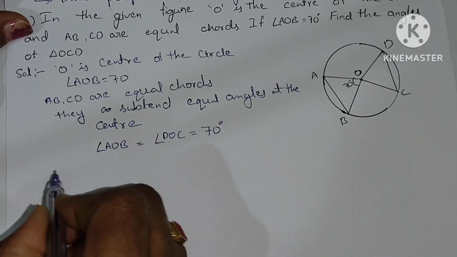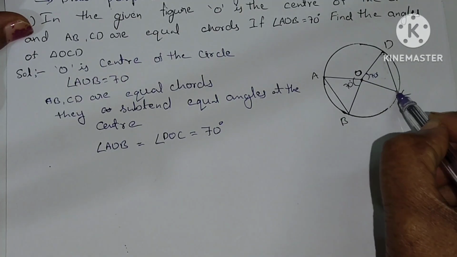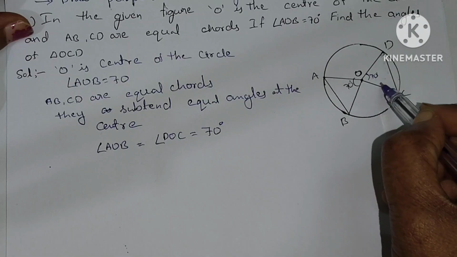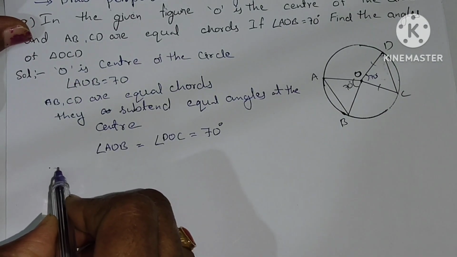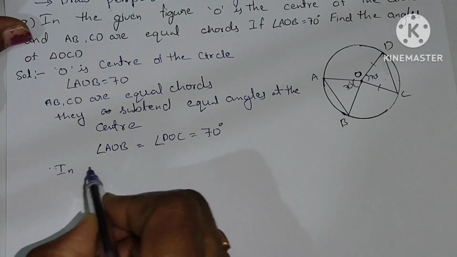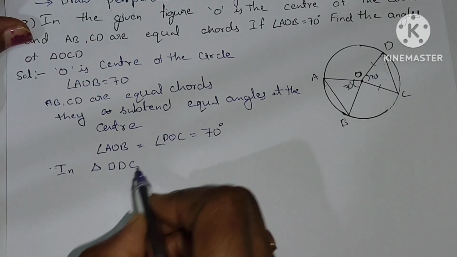Now in the triangle, this one is 70 degrees. OD and OC are radii, so they are of equal length. In triangle OCD, OC equals OD because these are radii of the circle.